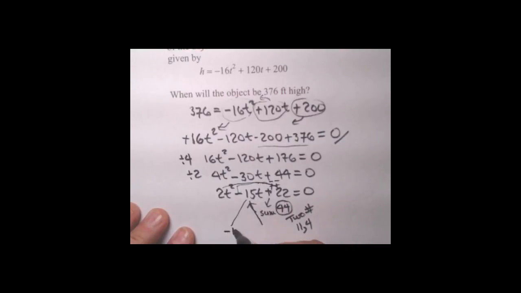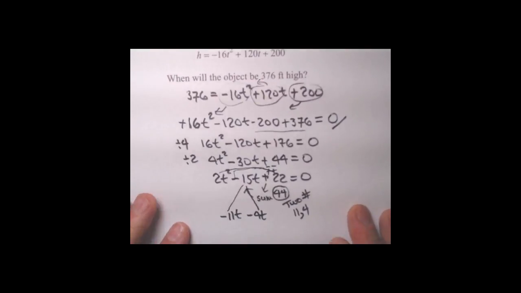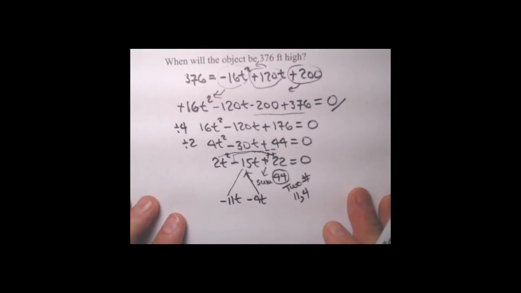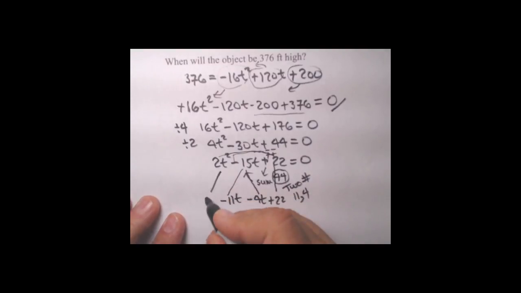So minus 11t and minus 4t. Now notice these combine together to be negative 15, but remember, this is also the correct rainbows for this. That's how this AC product works. Bring down the last guy exactly like he is. Bring down the first guy exactly like he is.